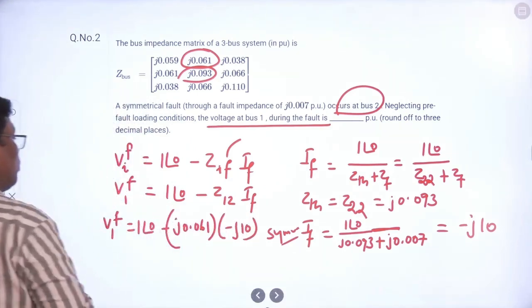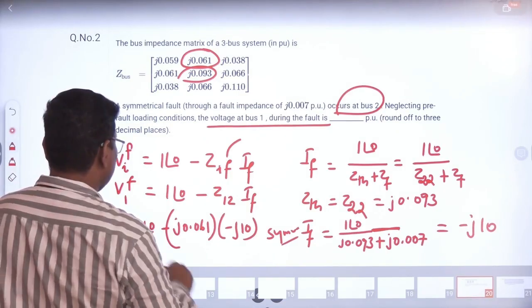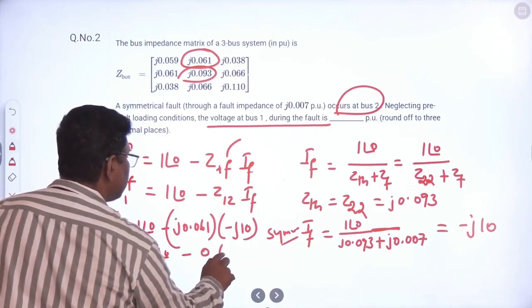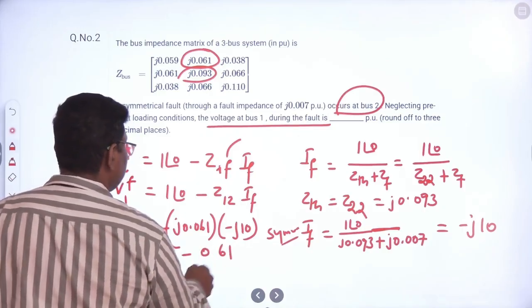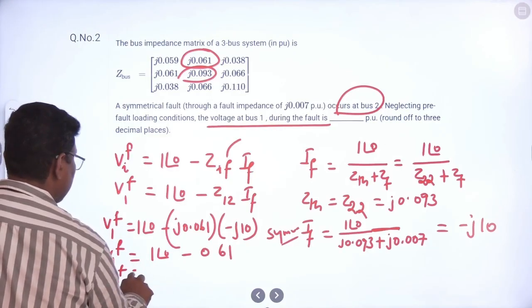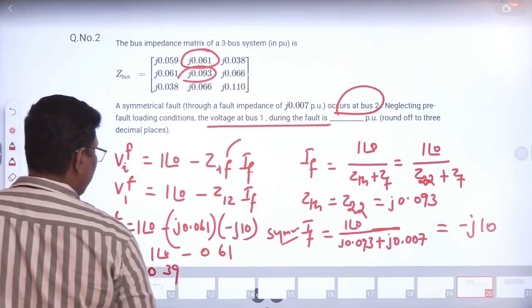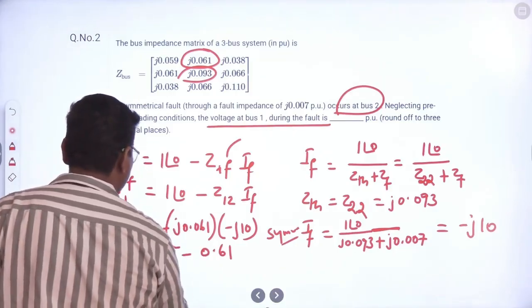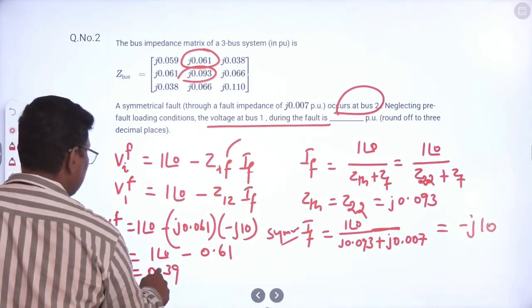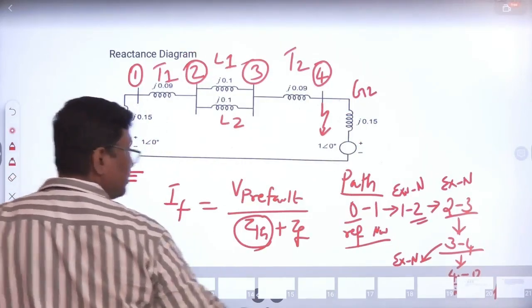So the final answer is V1F equals 1∠0° minus 0.61, so the final answer is 0.39 per unit. So 0.39 per unit.